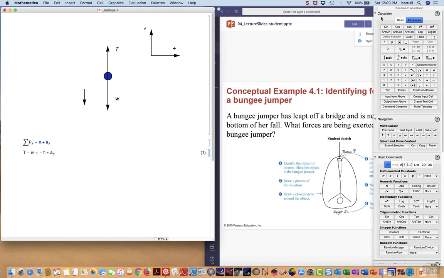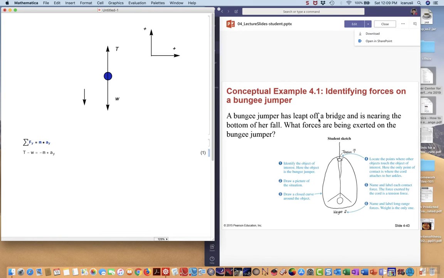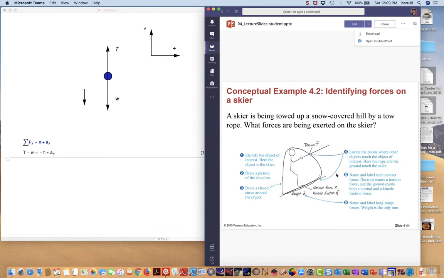Let's take a look at another example. I think this is going to be useful to you. Here is a skier being towed up a snow-covered hill by a tow rope. What forces are acting on the skier? Let's do it. You see the diagram of the skier, and this is kind of a complicated diagram.